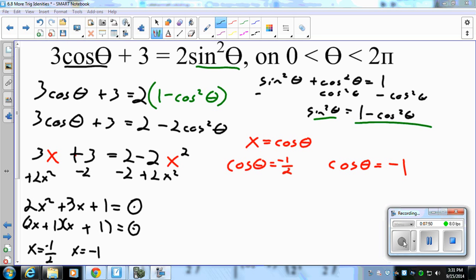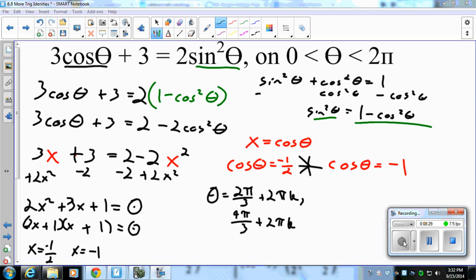So I can get my theta between 0 and 2 pi. Looking at my unit circle, cosine is negative in quadrants 2 and 3, with a reference angle of pi over 3, so I get 2 pi over 3 plus 2 pi k for my general solution for that one, and then I also get the third quadrant angle, which is going to be 4 pi over 3 plus 2 pi k.